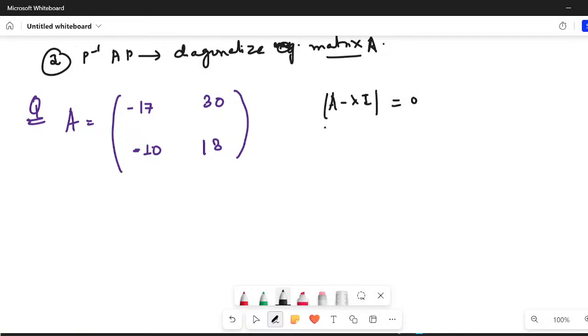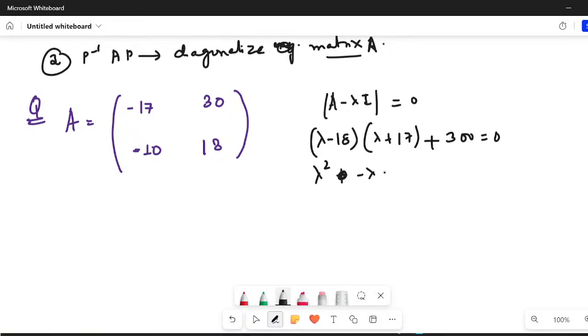This would give me lambda minus 18, this will be 18 minus lambda, and then there would be lambda plus 17 here, and then minus minus plus 300 is equal to 0. So what will you get? You will get lambda square, then minus of lambda, and then 18 into 17, what would it be? 18 into 17 is 306.